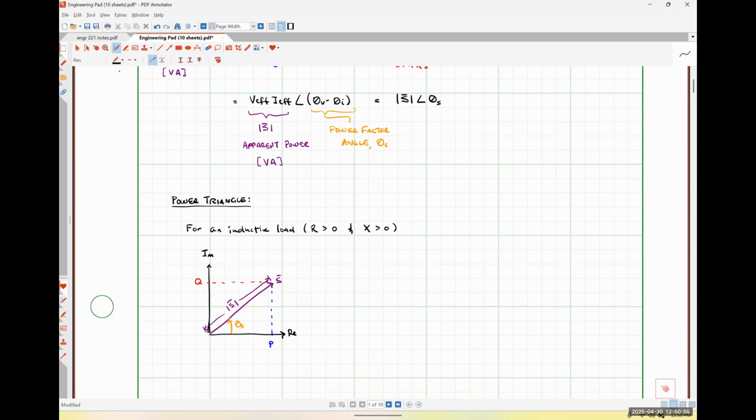So essentially, as long as I can do the mathematical operation that my complex power is equal to the product of my voltage times my current conjugate, if I express my answer in rectangular form, I get my average power and reactive power. And if I express my answer in polar form, I get my apparent power and my power factor angle, right?